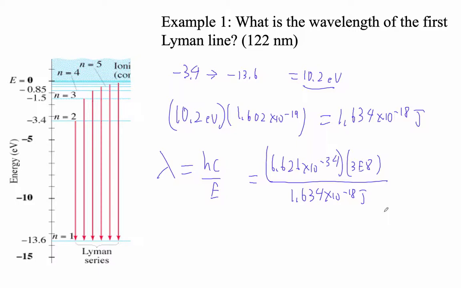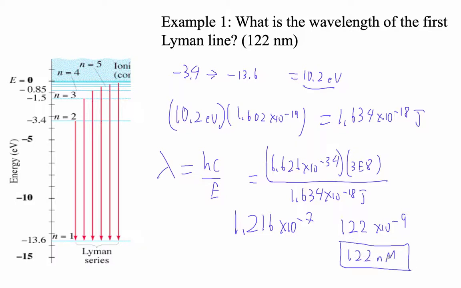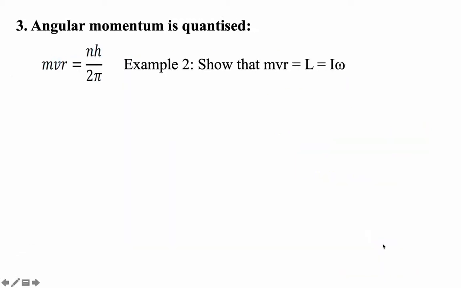It's 6.626 E minus 34 times 3 E8 divided by that number I just got. I'm getting 1.216 times 10 to the minus 7th, which would be about 122 times 10 to the minus 9th, or 122 nanometers. Ta-da.